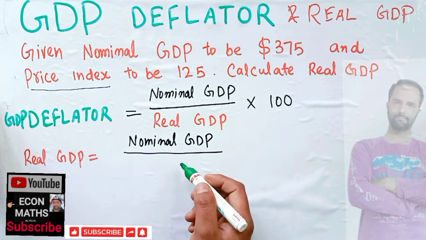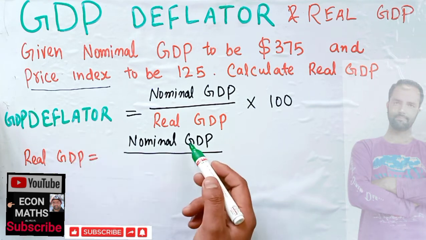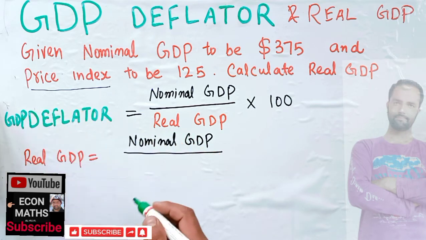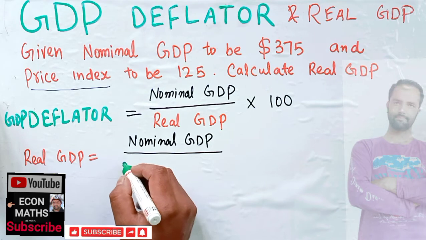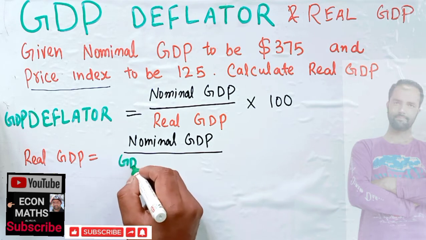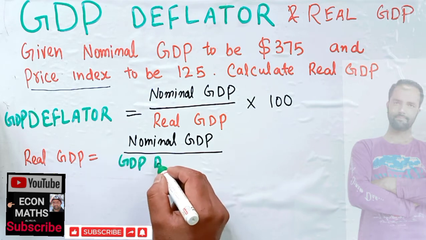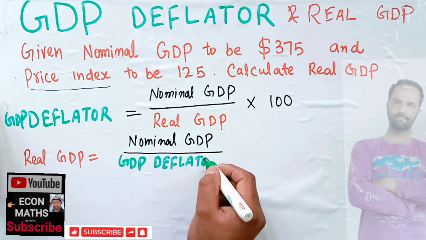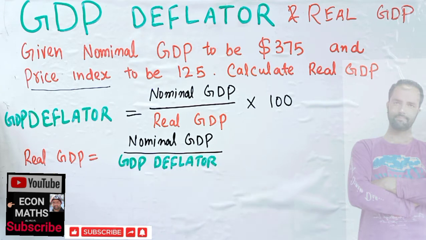Okay, I have transposed this term here, so it will get divided, and when I transpose this term, it will be in the numerator here. So we have here GDP deflator, okay, to this we multiply 100.